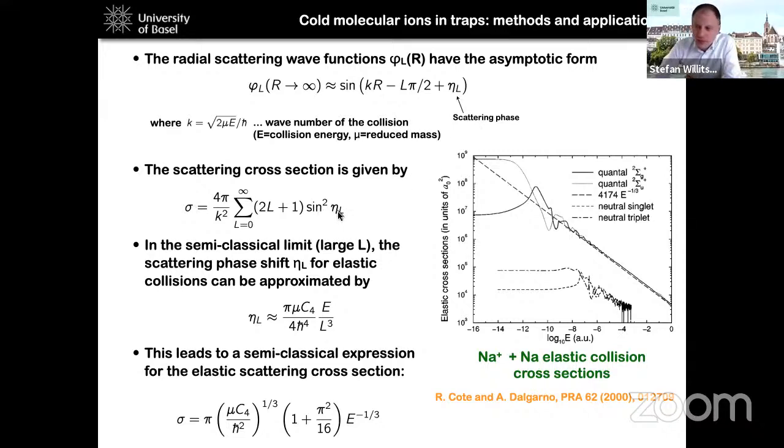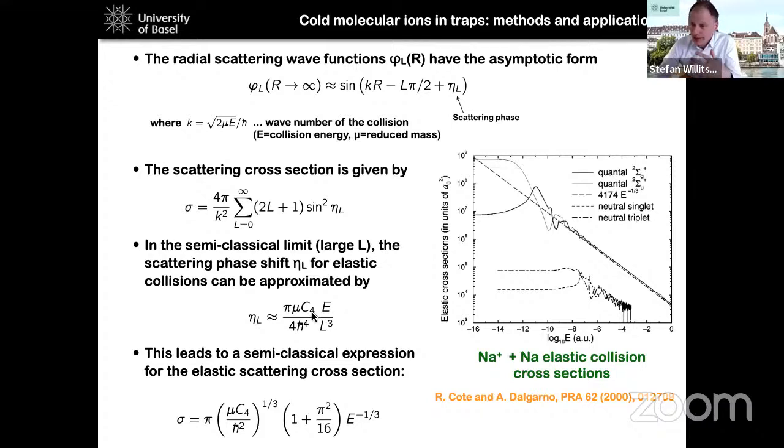So essentially, one needs to work out what the scattering phase shift is. And one can further show, and you can read this up, for instance, in this paper here, that in the semi-classical limit, meaning if we have large values for the angular momentum quantum number L, then the scattering phase shift can be approximated by this rather simple expression.